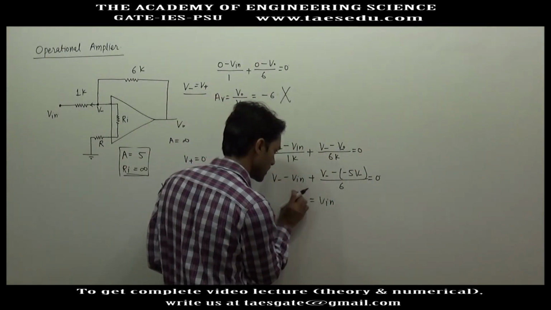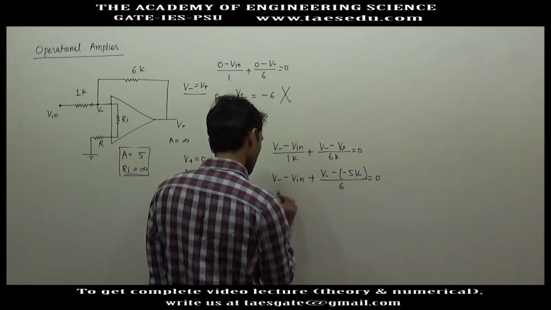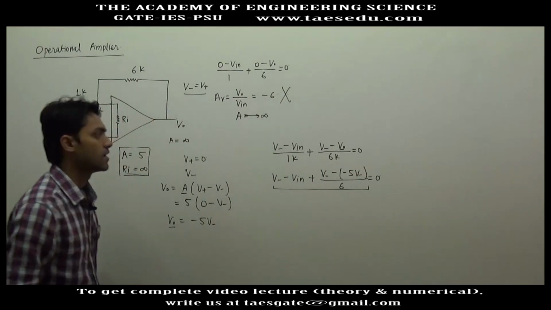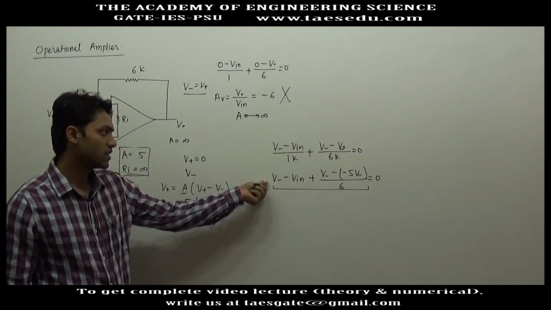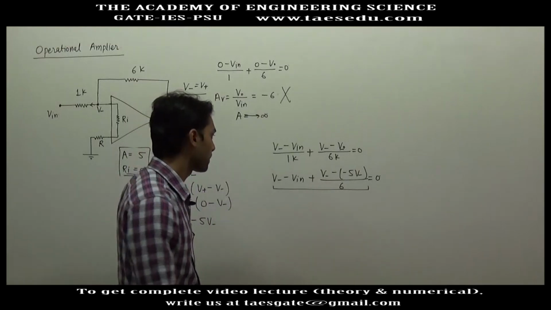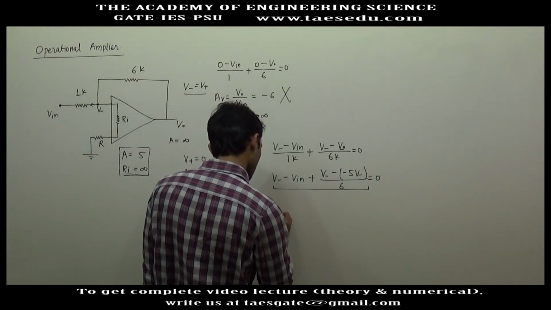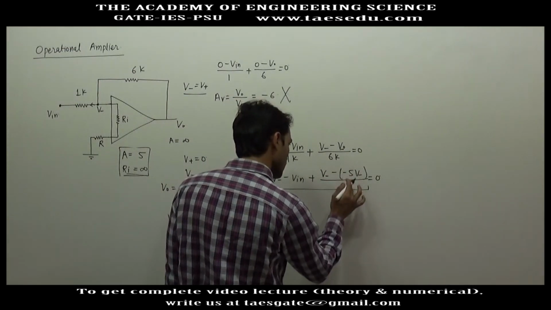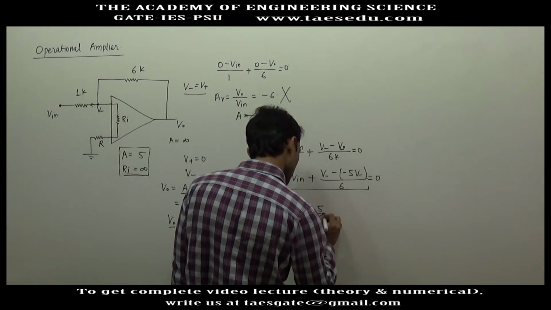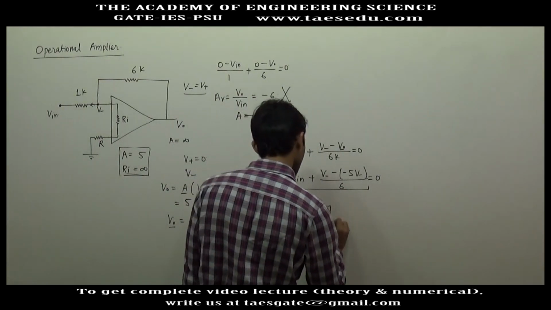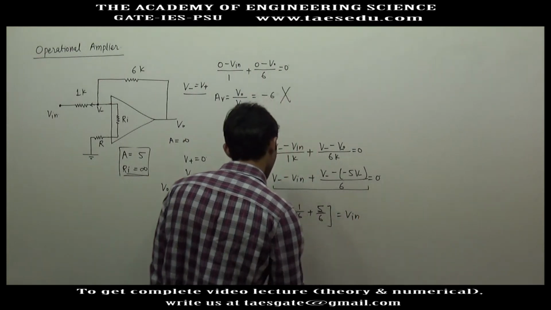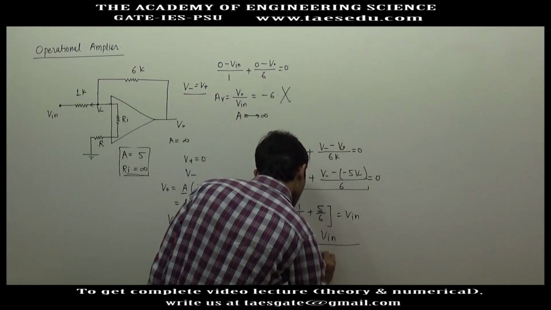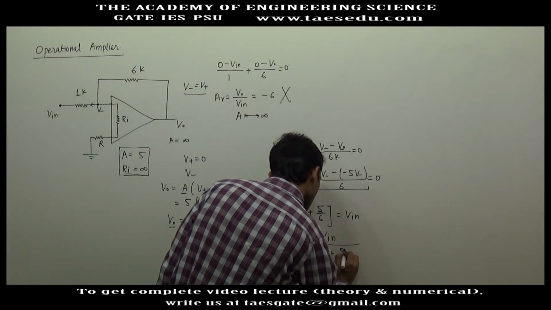I am trying to write it in the same way as we wrote the expression in terms of voltage gain A. So V minus will be equal to V input divided by (1 plus 1 by 6 plus 5 by 6).